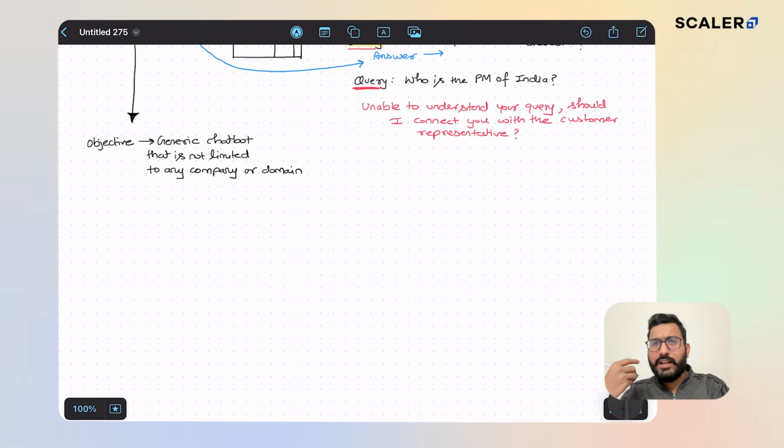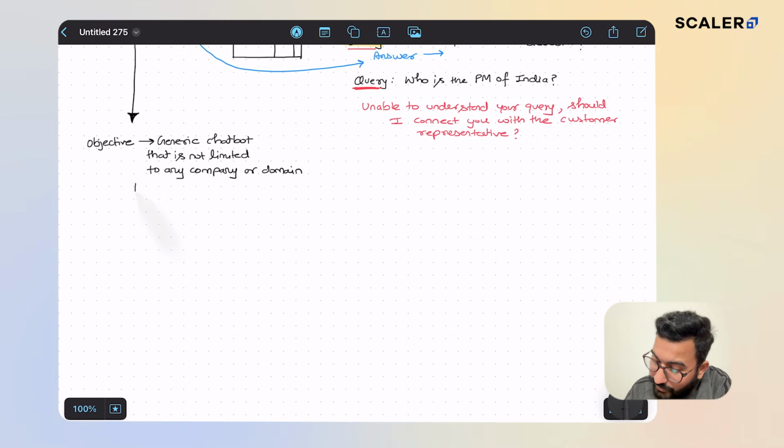So they wanted to come up with a chatbot that is generic. Generic means a chatbot which can answer questions related to any industry, in any language, related to any specific genre. That is what the scientists were thinking about, how they can come up with a generalized chatbot. But there was a problem.